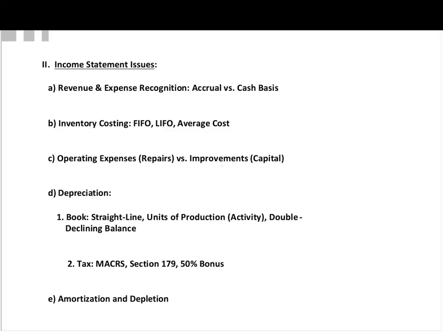If inventory costs have risen during the period, it will create a higher cost of goods sold, lower gross profit margin, and lower net profit margin for the business. Average is the average.